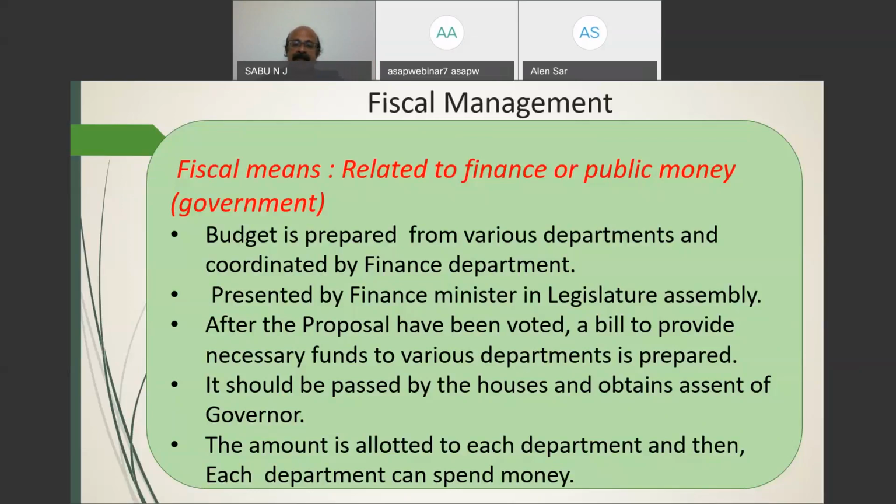The budget is prepared by various departments and coordinated by the finance department. I have already explained in the last class the preparation of the feasibility report, and the different stages of a construction project. The first, preliminary stage is meant for the preparation of the feasibility report, to convince the public about the utility and necessity of the project with respect to cost and benefit.